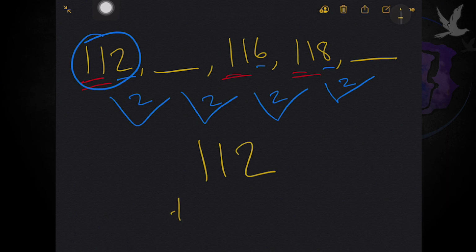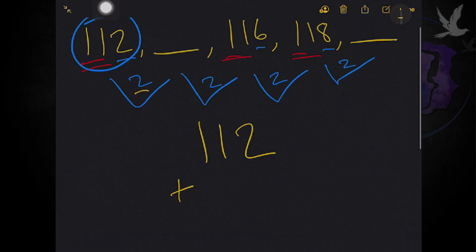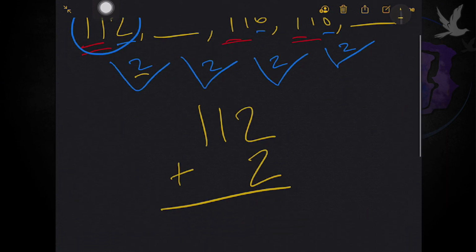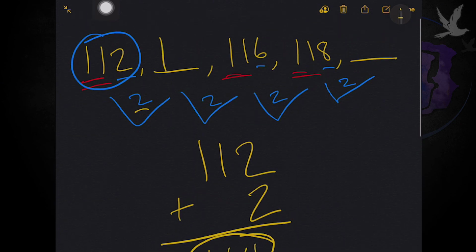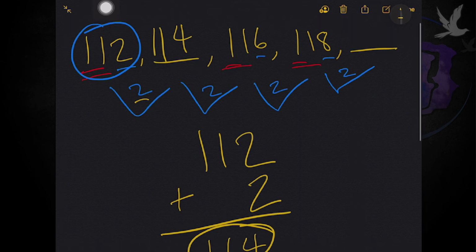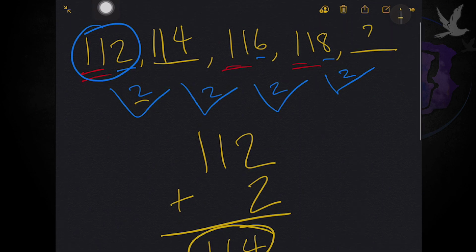All you have to do is add 2, which will give you 114. Which means our next number is 114. How about for this value here? We have 118. Then again, we just need to add 2.